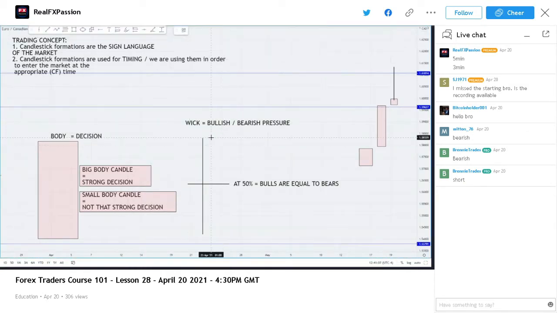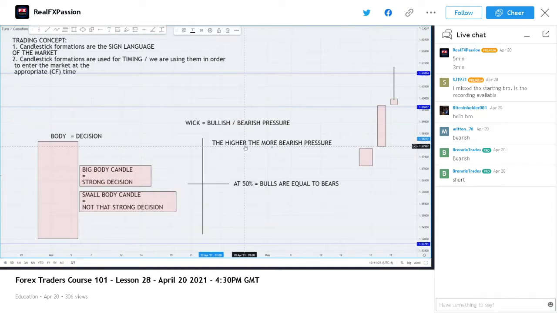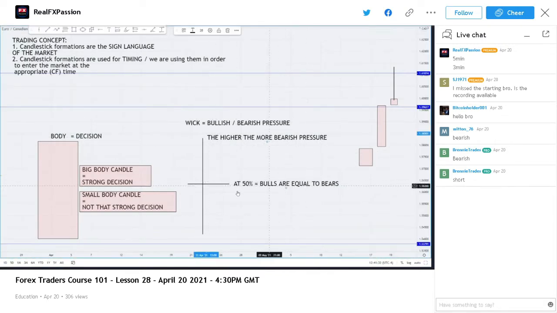And one more. So the higher the wick, the more bearish, not bullish, the more bearish pressure. Remember, we are talking about the wick, not the body. Okay, don't confuse the two, everybody. The higher the wick, the more bearish pressure. At 50%, bulls are equal to bears.